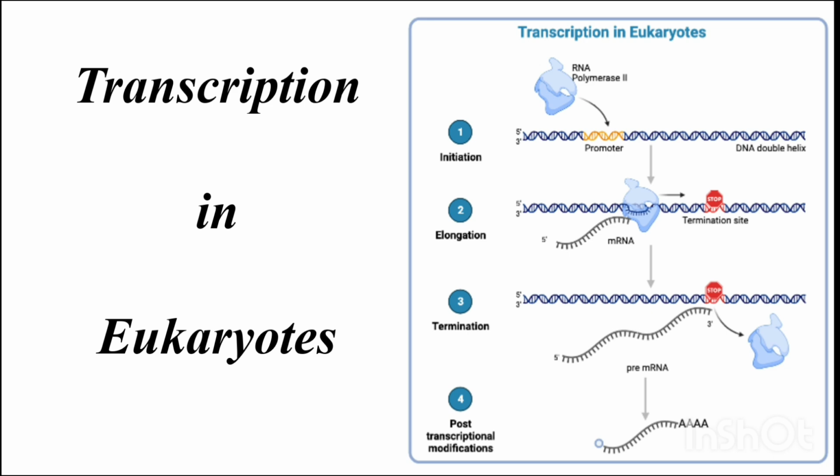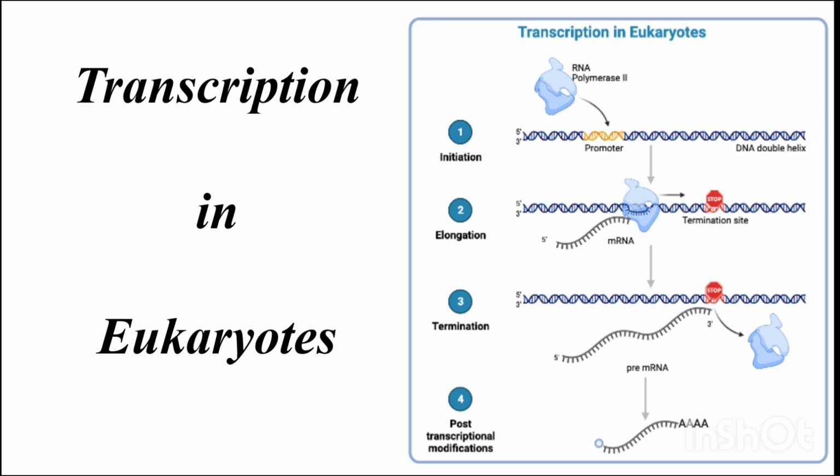In this video we will discuss the transcription process in eukaryotes. Unlike prokaryotes, transcription in eukaryotes is a highly regulated, more complex biological process where a specific segment of DNA is copied into an mRNA molecule inside the nucleus of the cell.